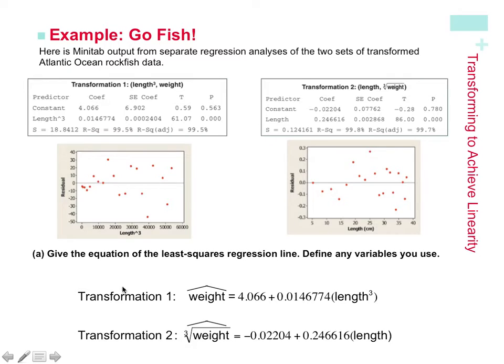So as an equation, it would look like that. For transformation 2, that was where we did kind of the inverse. So my y-intercept here plus my slope times my length. But the difference is that your prediction was the cubic root of your weight, okay? So you weren't cubing your x, you were taking the cube root of your y.